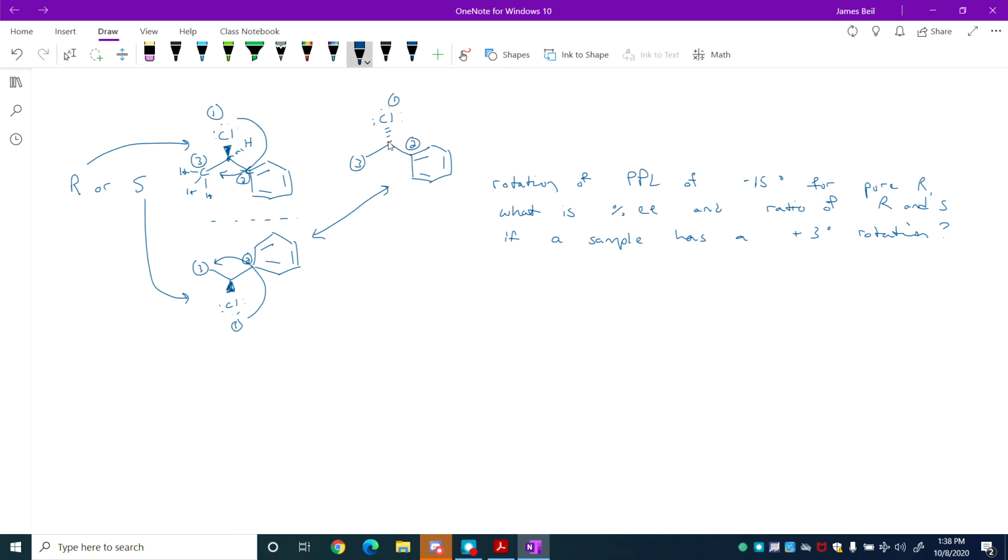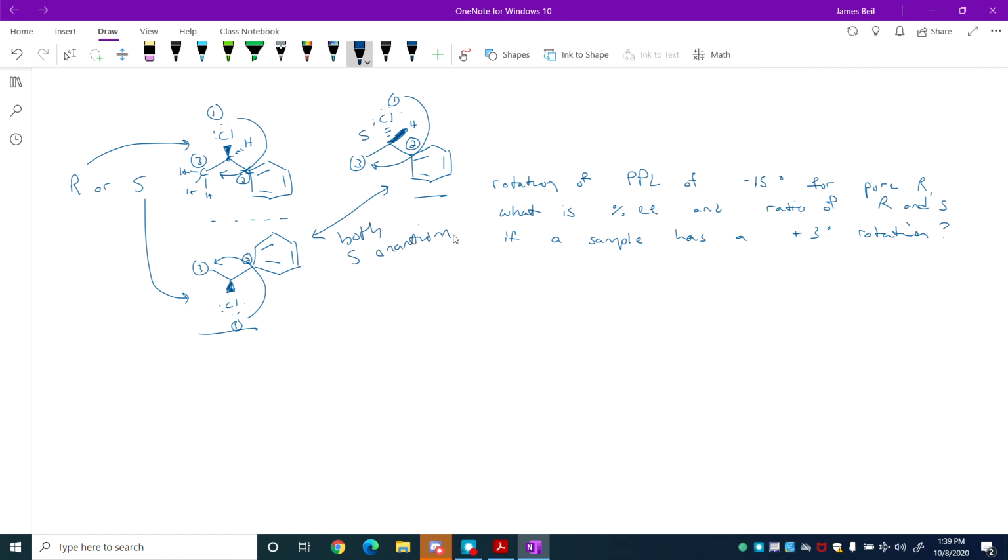In this case, though, the fourth priority group is pointing out at me. So when I have a clockwise rotation, if the fourth priority group is pointing out at me, that one is S. So as we said correctly, this structure and this structure are identical. They're both the S enantiomer.